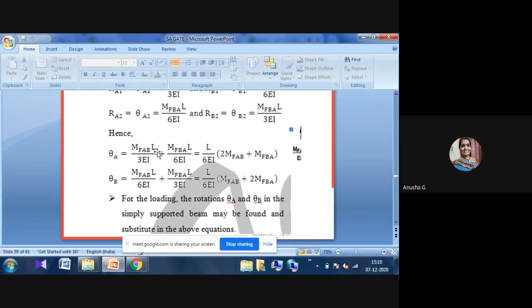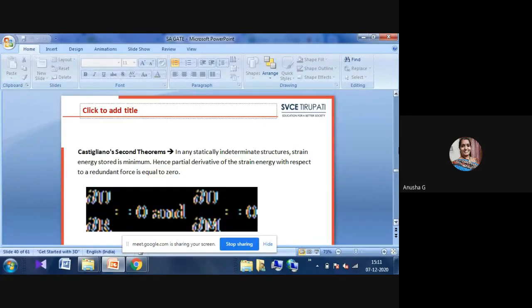Theta A equals MFAB into L by 3EI by L plus MFBA into L by 6EI by L. We are distributing all and then finding theta A and theta B using our equation.